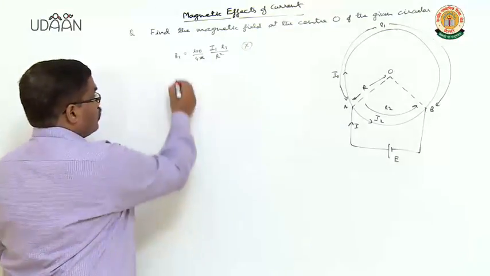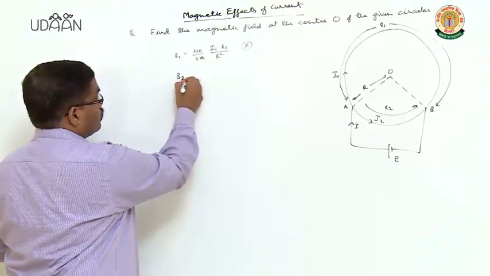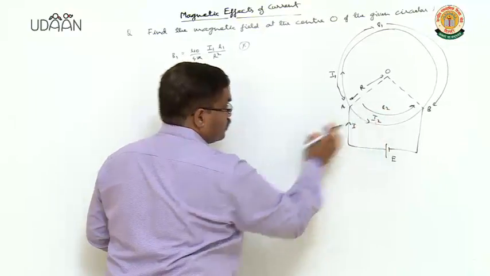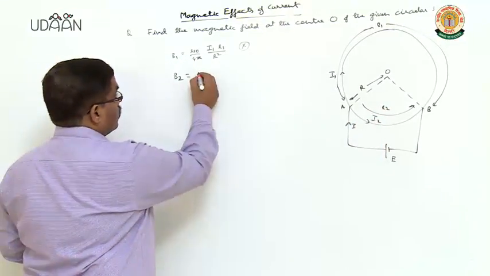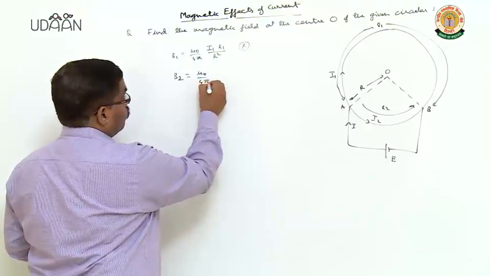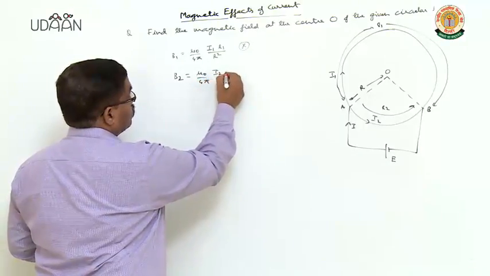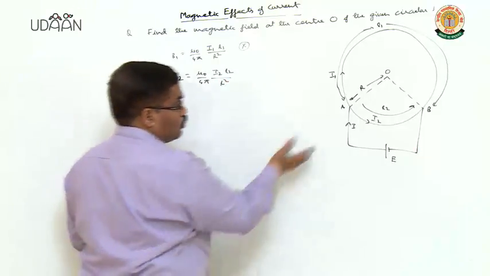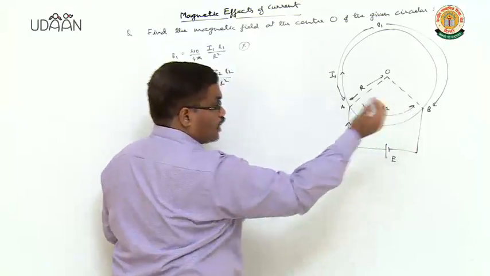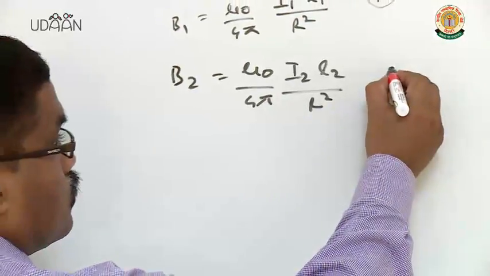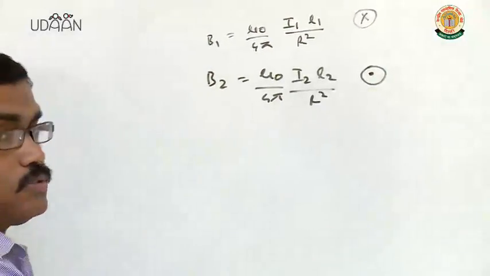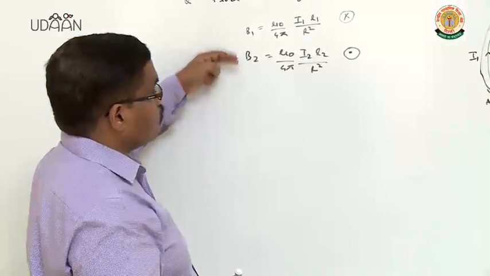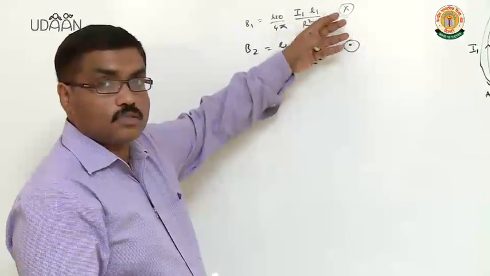Similarly, if I find the field due to the second arc, that is the lower arc whose length is L2 and which carries a current I2, it can be written as mu naught upon 4 pi I2 into L2 divided by R square. The current is flowing along this direction, so the field will be acting outward, so this direction can be represented by dot. Now if you look carefully, both the field directions are acting in the opposite direction.